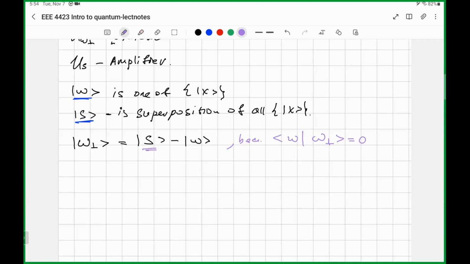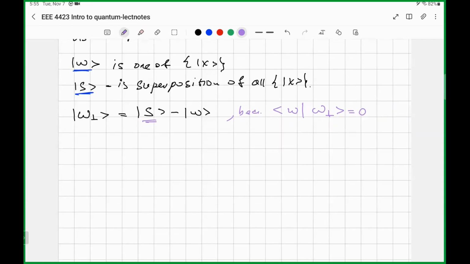So next, if I remove this particular state omega from all the states S, there will be no states anymore that are parallel to the state omega. So this new state S minus omega will be definitely orthogonal to the state omega.